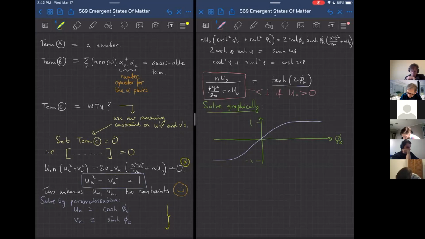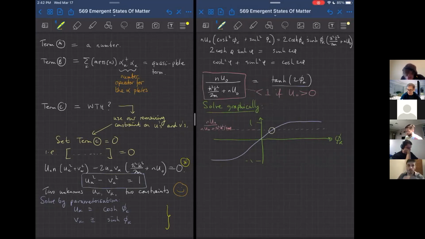Let's draw it over here. This is meant to be the value of n u naught over n u naught plus h bar squared k squared over 2m. So that's what that value is. And then the solution to this is just the intersection over here.